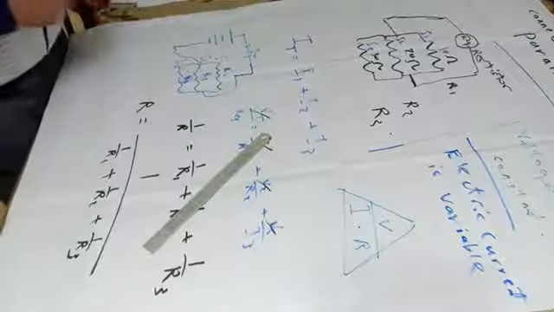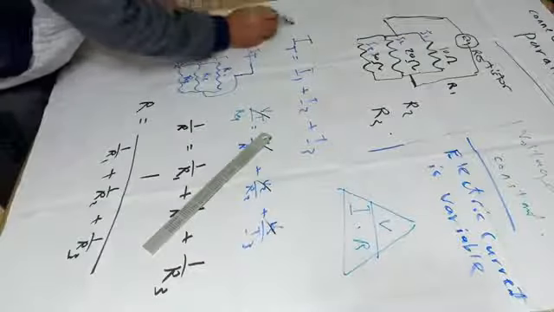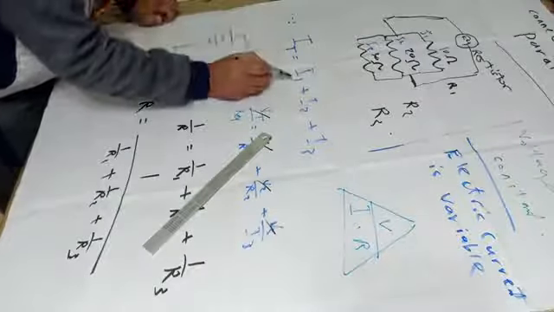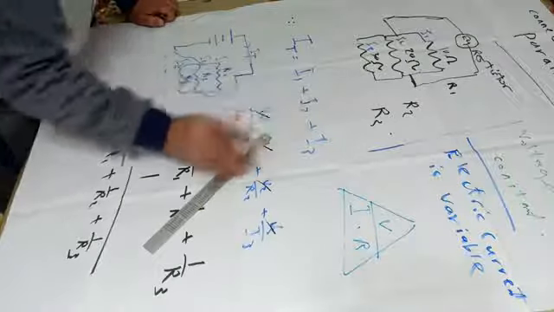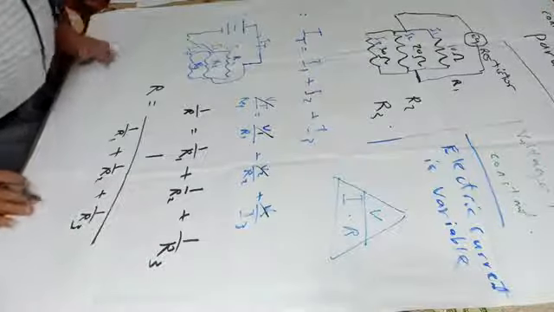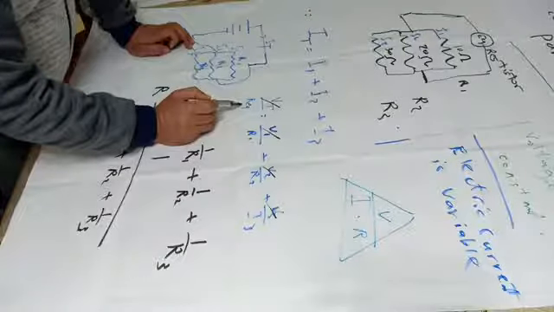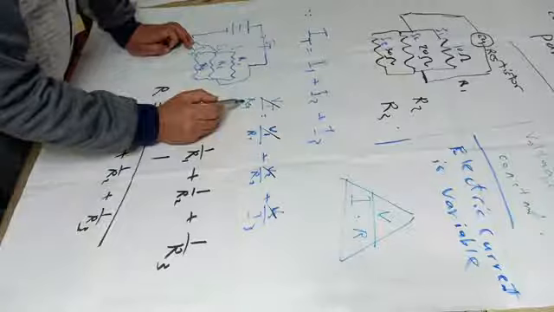Since I total equals I1 plus I2 plus I3, then we put I total equal V total over R equivalent, or R total.